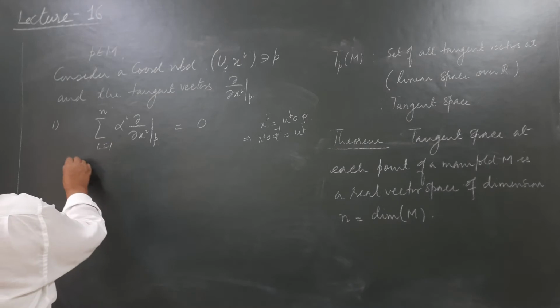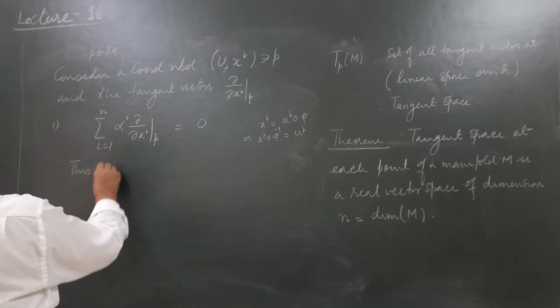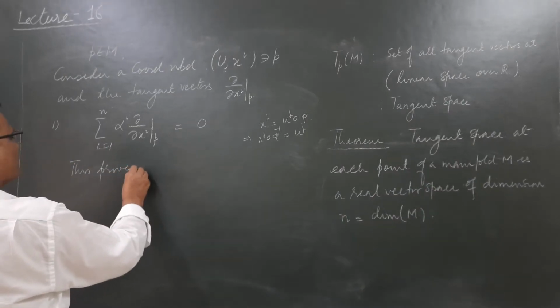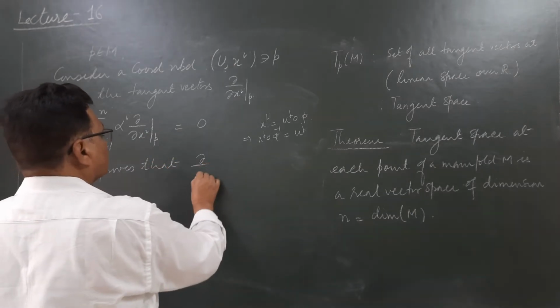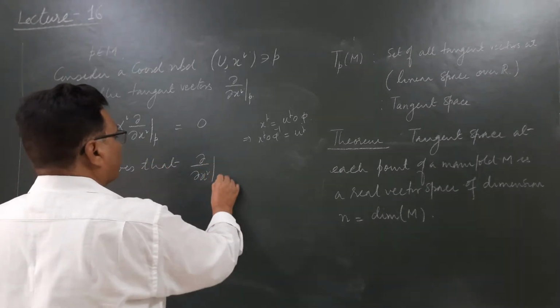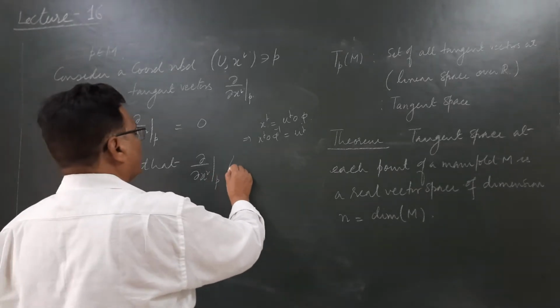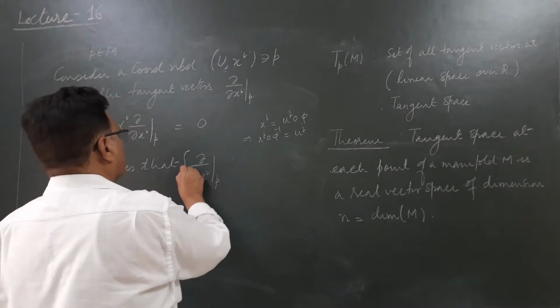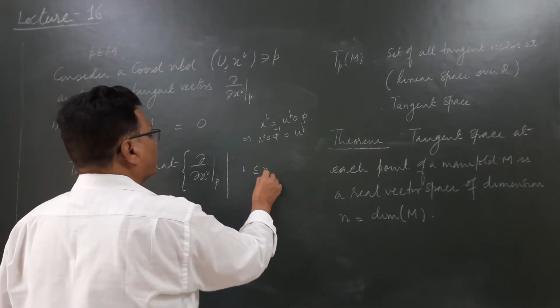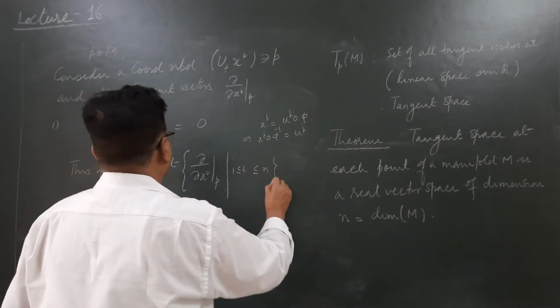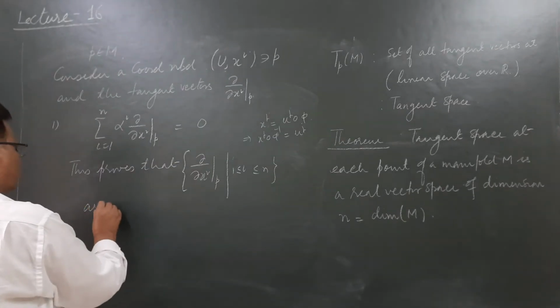So this proves that ∂/∂x_i at P, with i lying between 1 and n, are linearly independent.